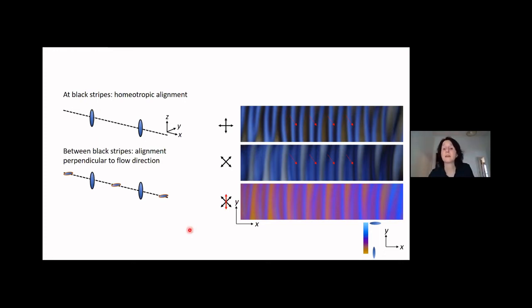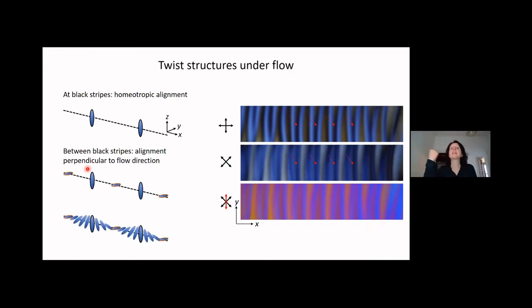Now, using a full wave plate retarder allows us to distinguish between these aggregates being aligned in the y direction or in the x direction. The colors here indicate that in between the black stripes, they are aligned perpendicular to the flow direction, pointing in the y direction, which suggests that there's a spontaneous twist-like structure that forms in the flow.